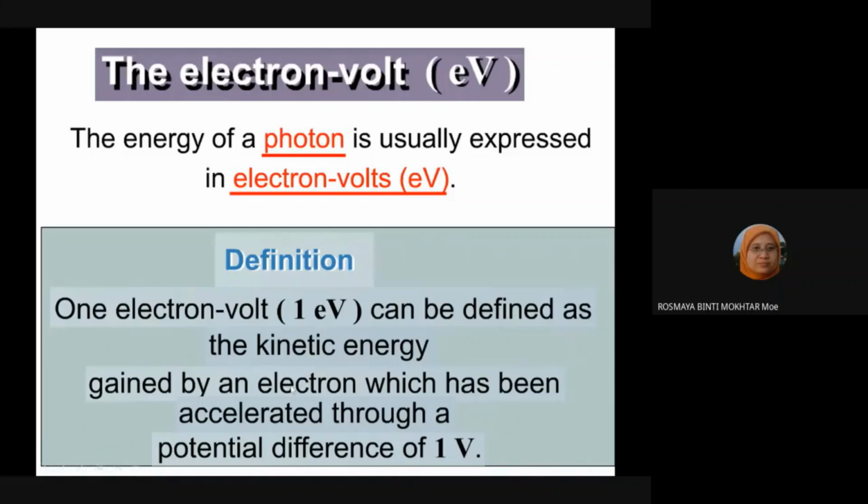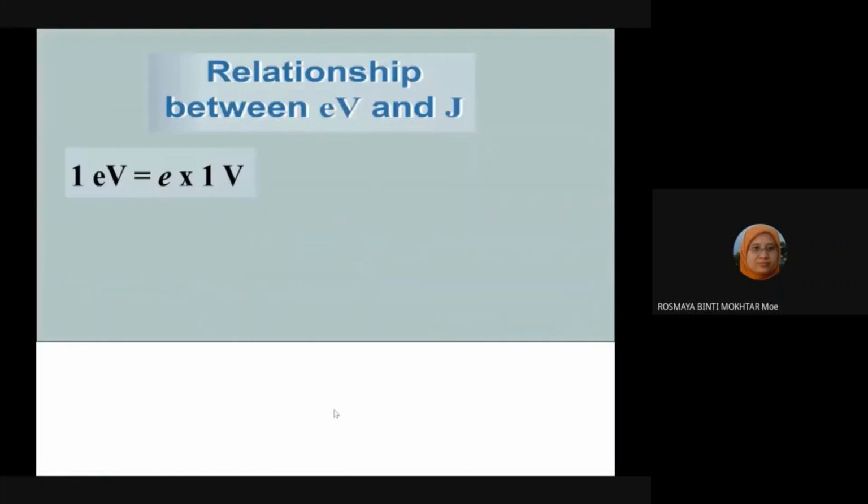So the charge of the electron is 1.6 times 10 to the power negative 19 coulomb. So e is the charge of the electron, and V is the potential difference across the cathode and anode. So 1 eV equals the electron charge times 1 volt.